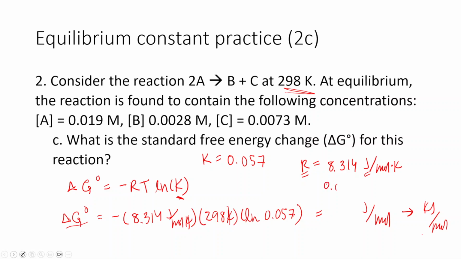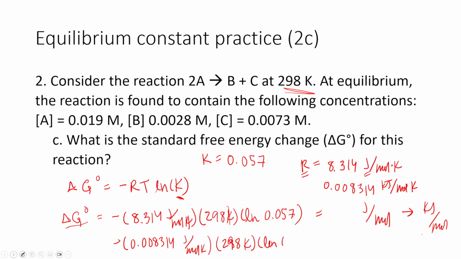You'd have 0.008314 kilojoules per mole K, times 298 K, times the natural log of 0.057. If you solve it that way, you'll end up with your final answer and you don't have to convert anything. Either way is correct.